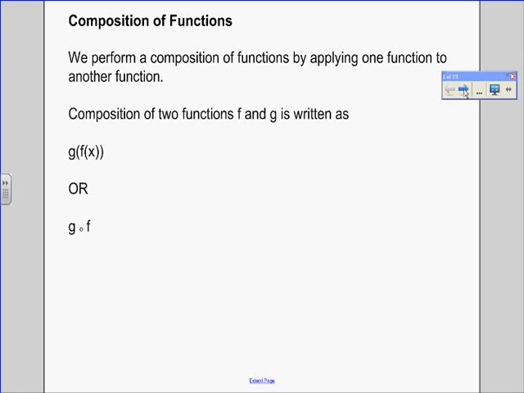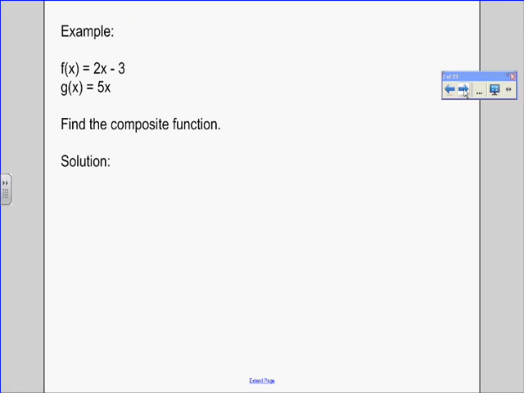So let's try that. Let's say, for example, that we have f of x, which is 2x minus 3, and we have g of x, which is 5x. And I want you to find g of f of x. What I'm really asking you to do is this.